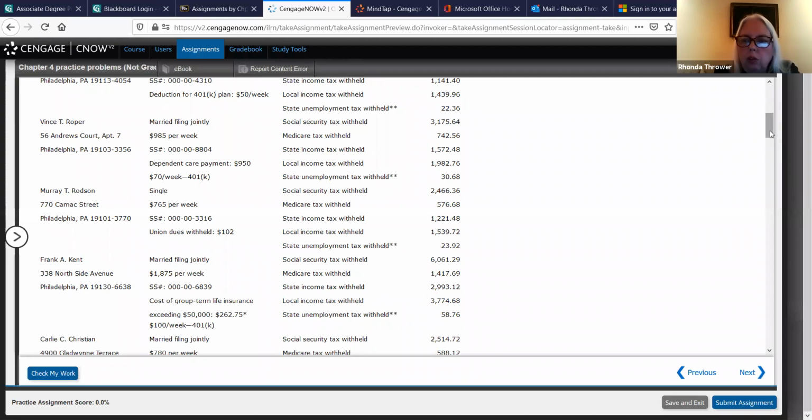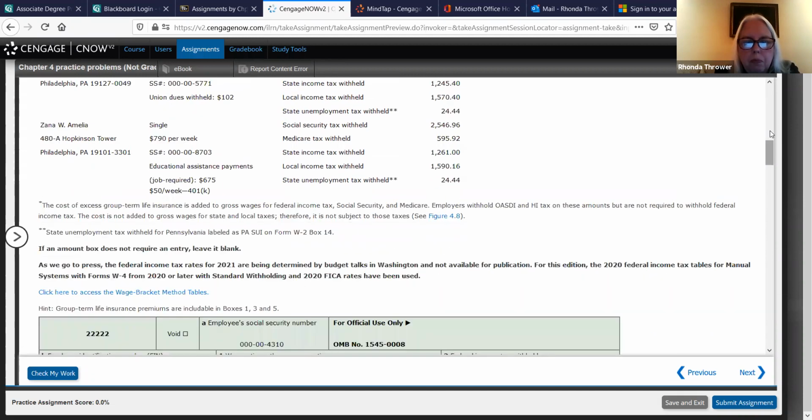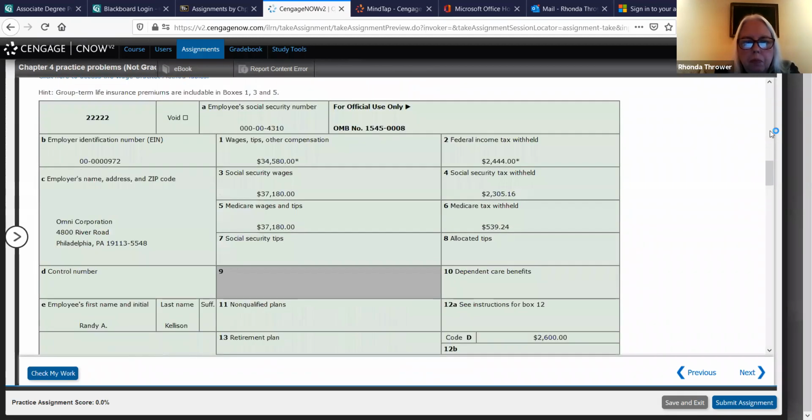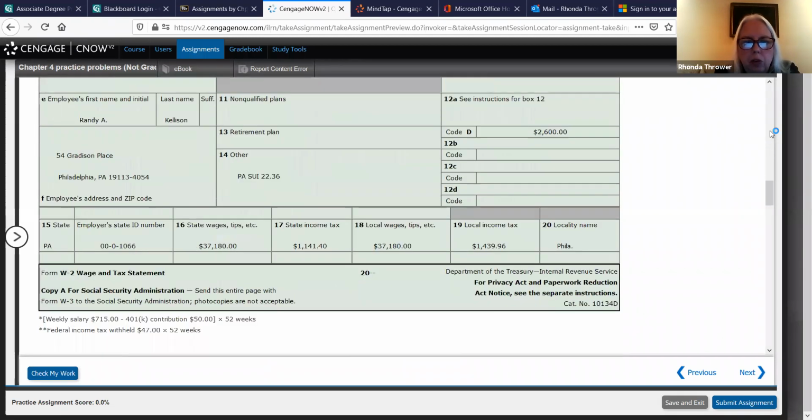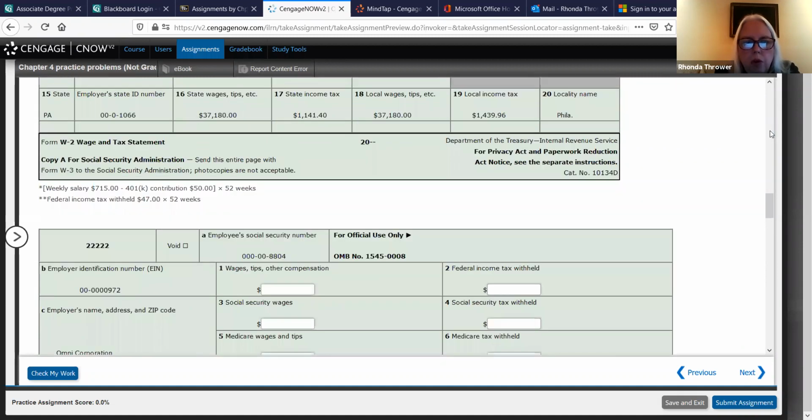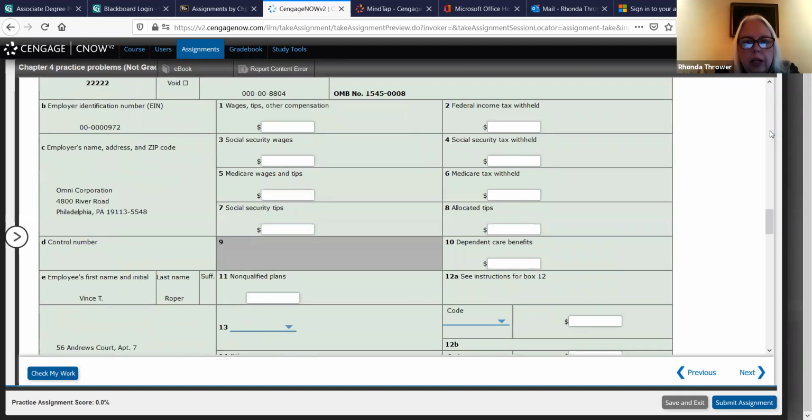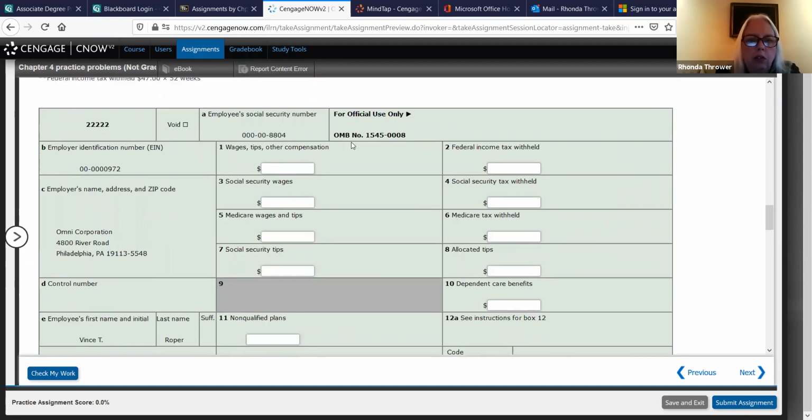So let's go to the W-2 form for Vince Roper. And notice in Cengage, they've already put in his social security number, the employer's identification number, his name and address, or excuse me, the employer's name and address.